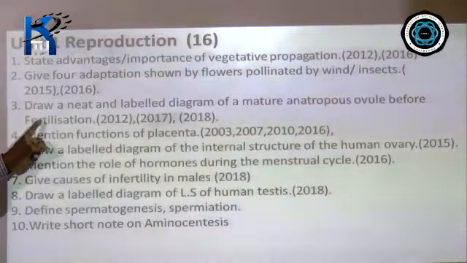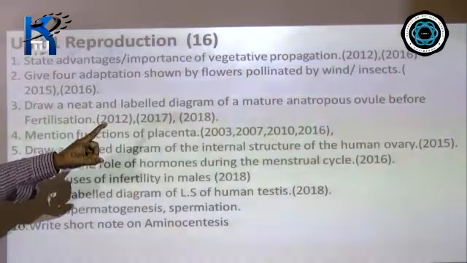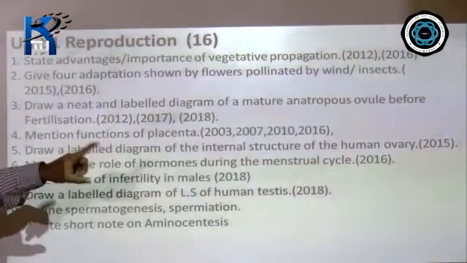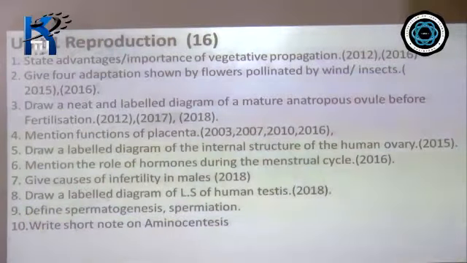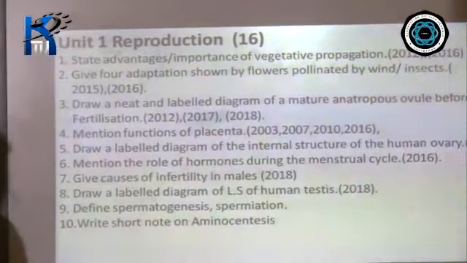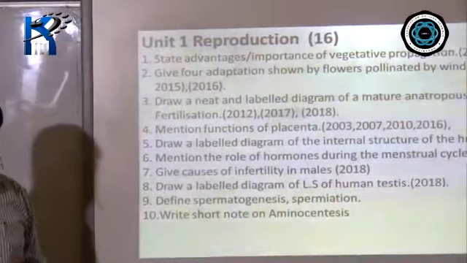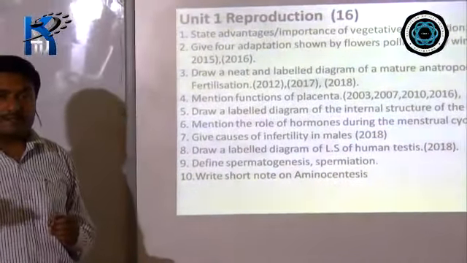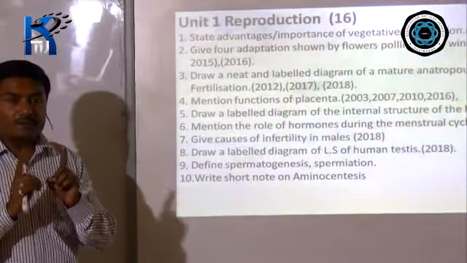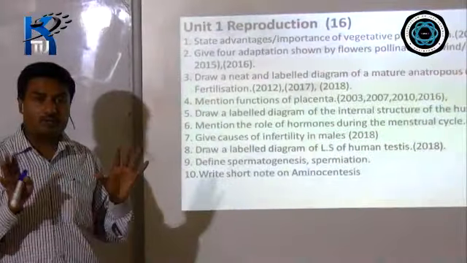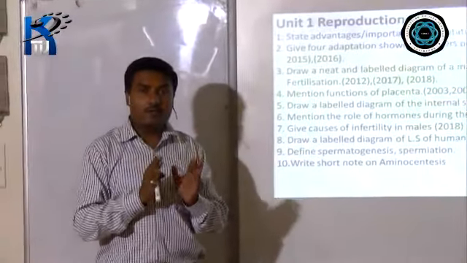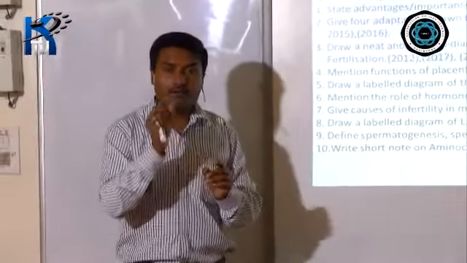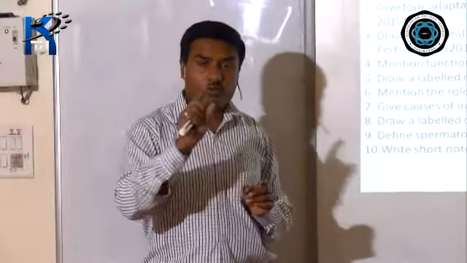Number 3, draw a neat and labeled diagram of a mature anatropous ovule before fertilization. Now you have to keep in mind that there are questions like show the events after pollination, before fertilization, after fertilization. There are so many diagrams which will give you a clear figure of pre-fertilization and post-fertilization.